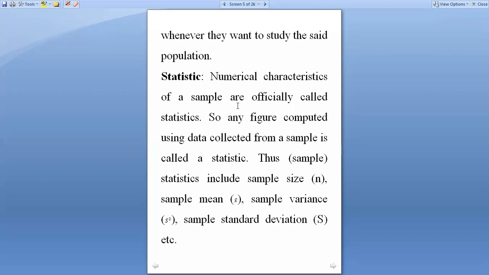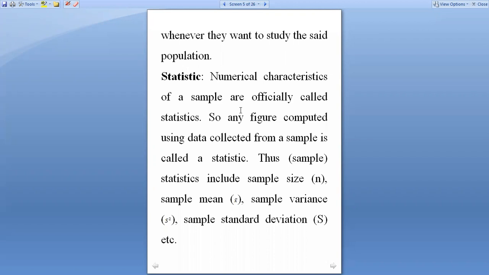Let's understand another term, which is called a statistic. All of you where you are, even though I am not hearing you, don't unmute, keep yourself muted, but pronounce the word statistic to yourself. A statistic is a numerical characteristic of a sample.